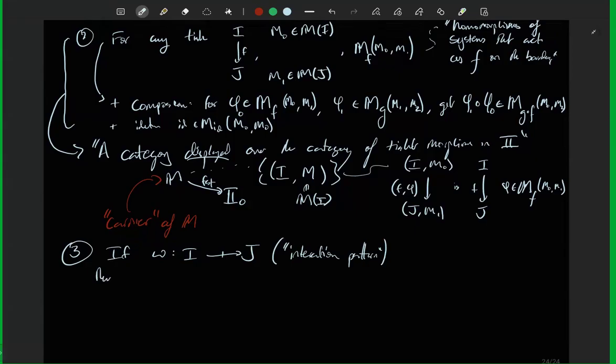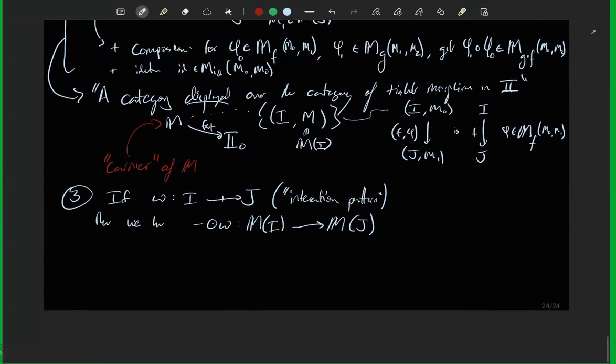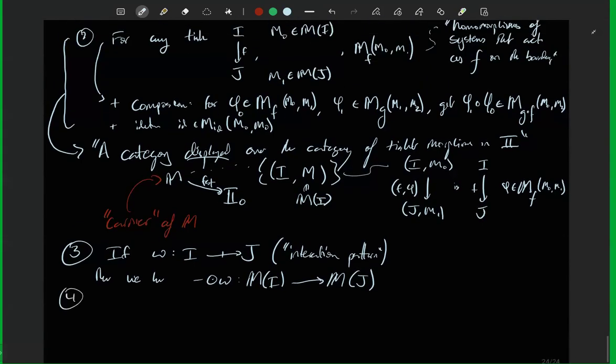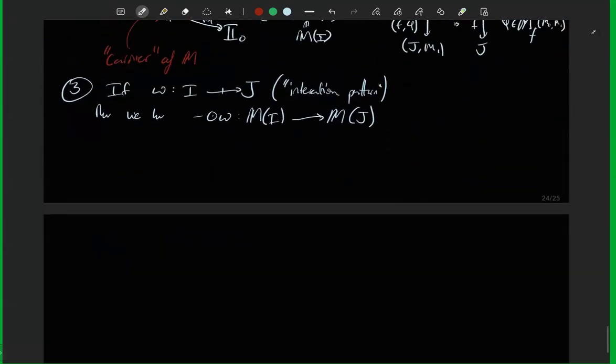Then we get a functor, then we have blank dot W, which goes from MI to MJ. And then 4, and this should be, we'll describe exactly the laws this has to satisfy in a bit.